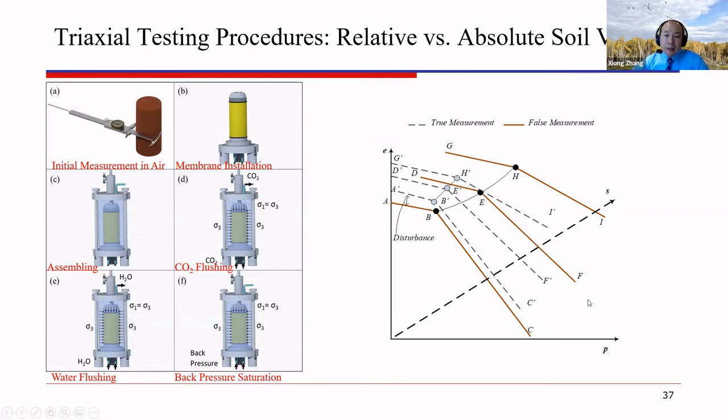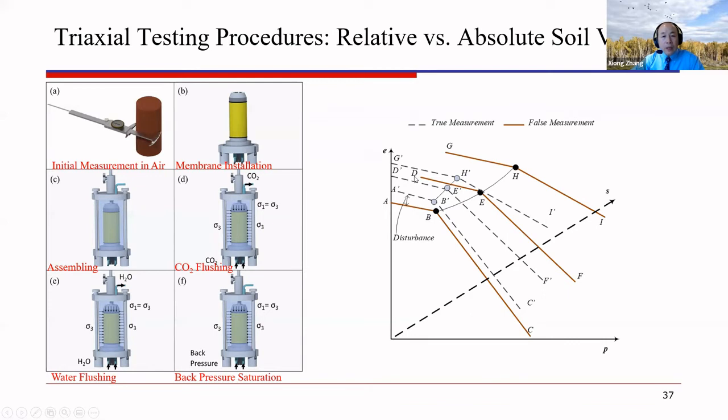Of course, you might say, "Oh, I don't really care because I only care about the changes," but this is not the case. For example, the three dotted lines have the same kind of slope as the three solid lines, but they actually represent different soil behaviors, right?